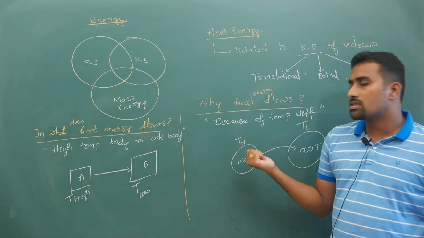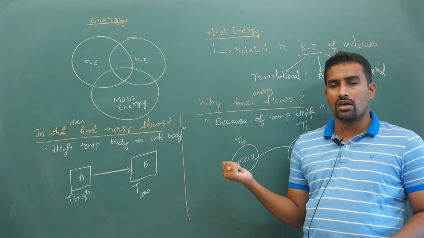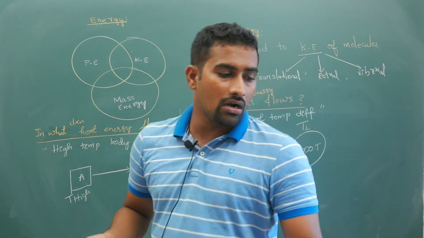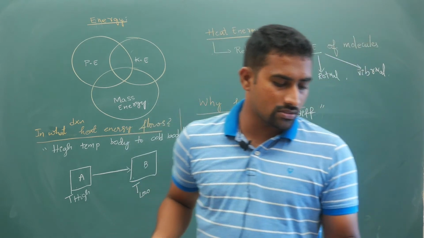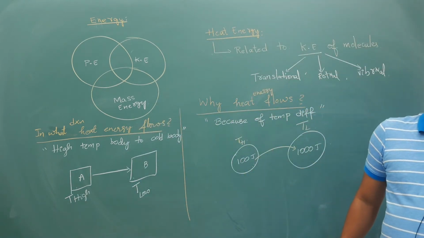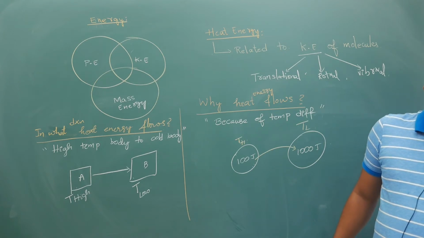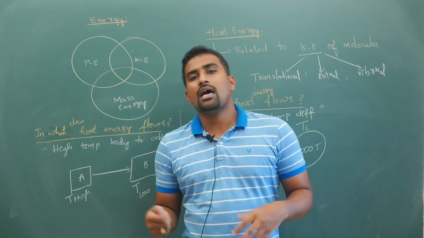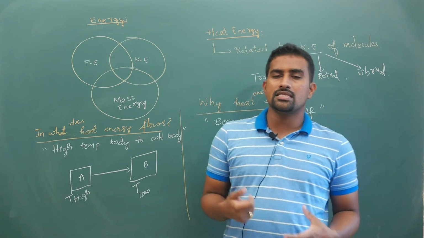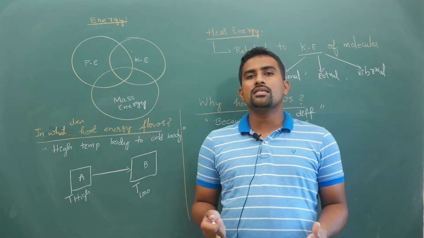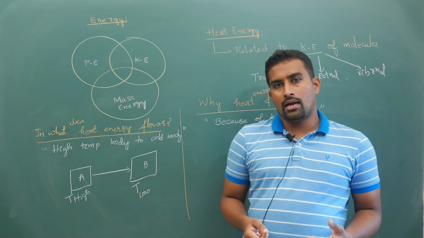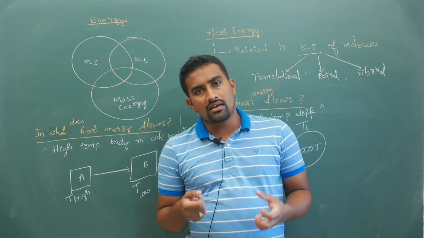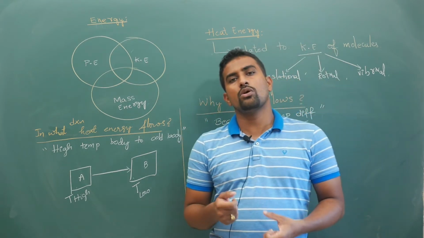So this hot body, if I am using the word hot body, it means indirectly a high temperature body. The hot body will have more kinetic energy: translational kinetic energy if it is a gas, vibrational kinetic energy if it is a solid, and a combination of both for a liquid.